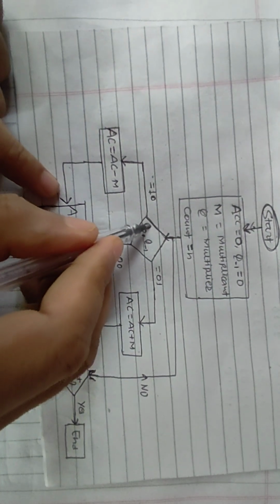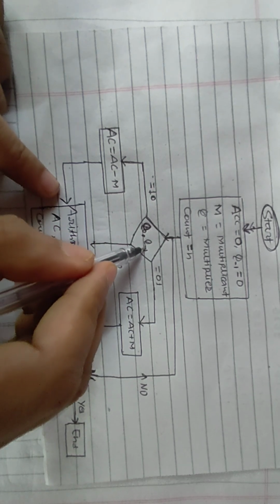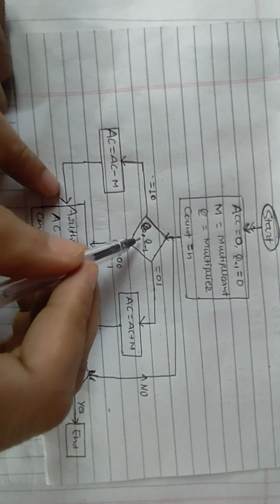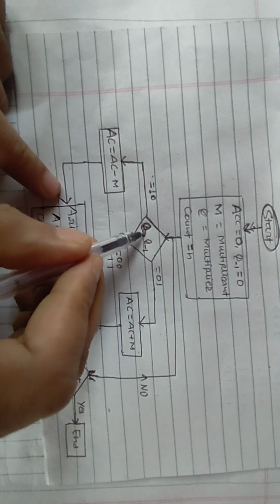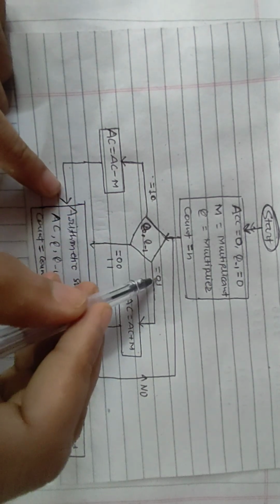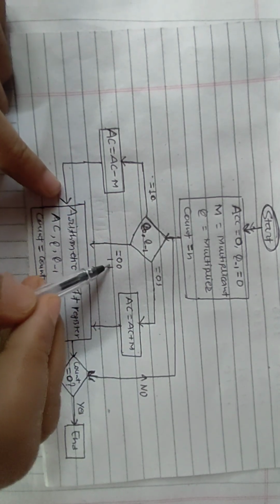After setting all these values we check the least significant bit of q0 and the one bit of q minus 1, because q minus 1 contains only one bit. The combination of the least significant bit of q0 and q minus 1 can be either 1 0, or 0 1, or 0 0, or 1 1.